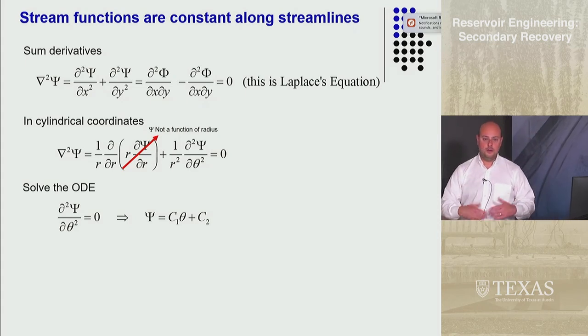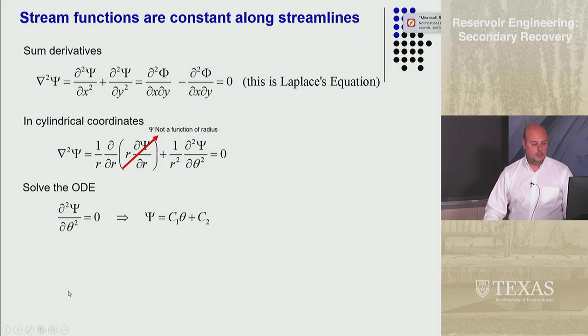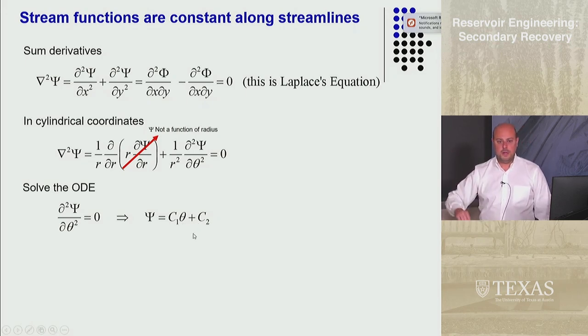Okay, you integrate once, you integrate twice, and what you get is a straight line, a linear relationship between the stream function and the angle theta. Now, we didn't give any boundary conditions yet, so you have two constants of integration, C1 and C2. These aren't the same constants of integration I had for my previous problems with potential.